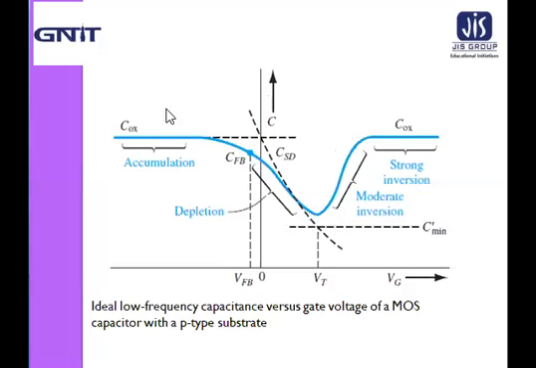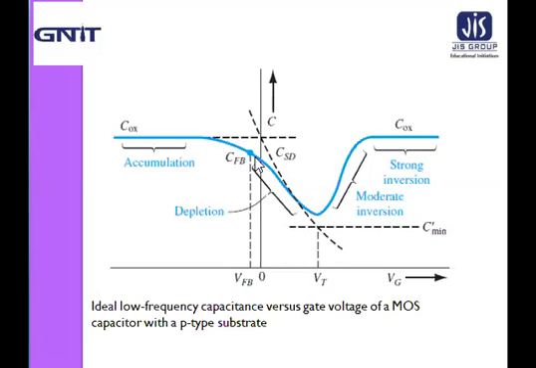This is the area for accumulation, that area is for depletion, and that portion is for strong inversion. This is the moderate inversion condition.